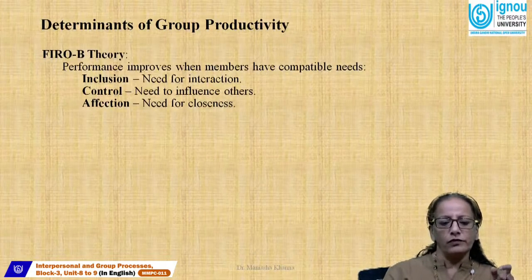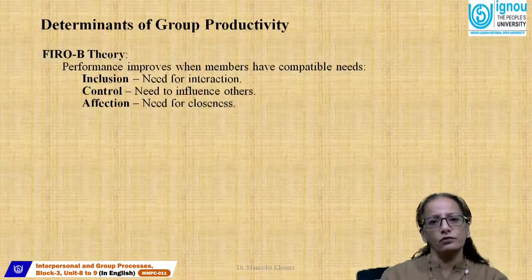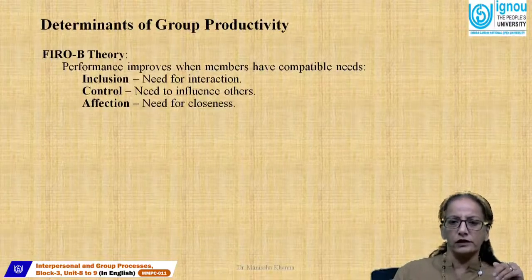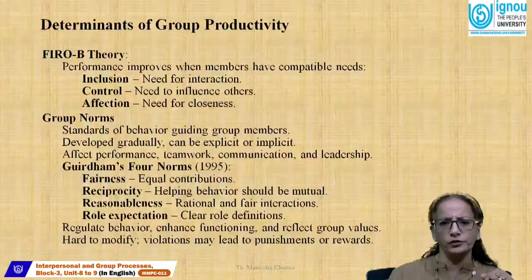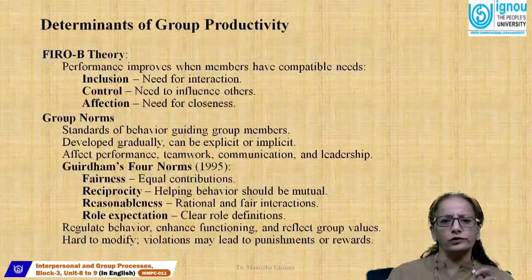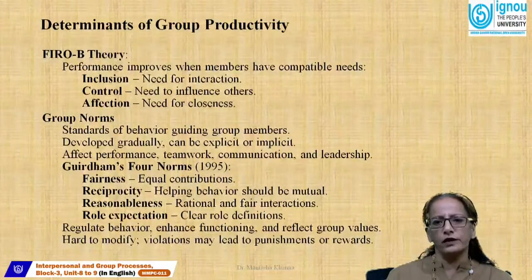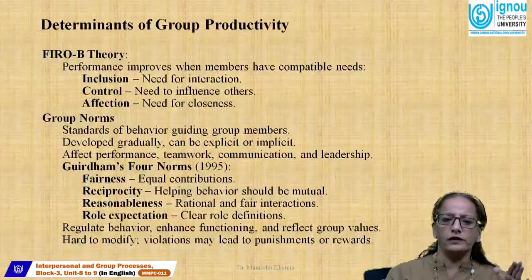Control is the need to influence others, whereas affection refers to the need for closeness. So these are the three needs mentioned by the Behavioural theory.